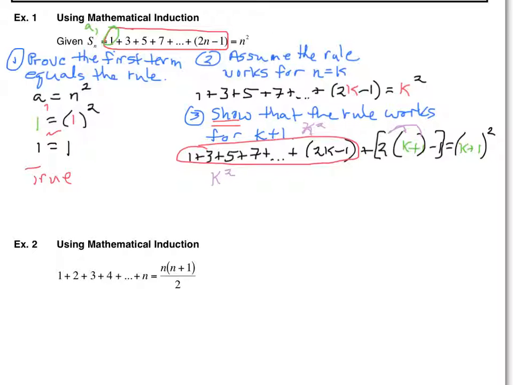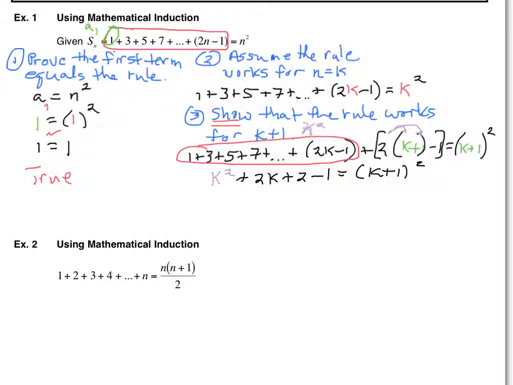So I'm going to distribute the 2 into that k plus 1. So I get plus 2k plus 2 minus 1 equals, and then let's leave this as k plus 1 squared for right now, because I don't really want to touch that right side, if at all possible.